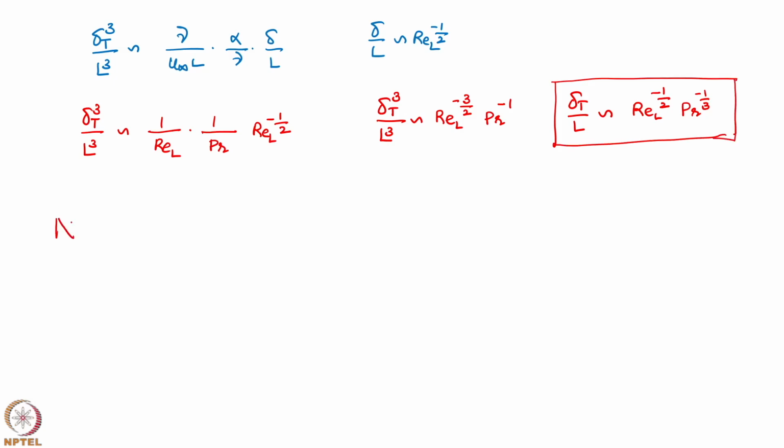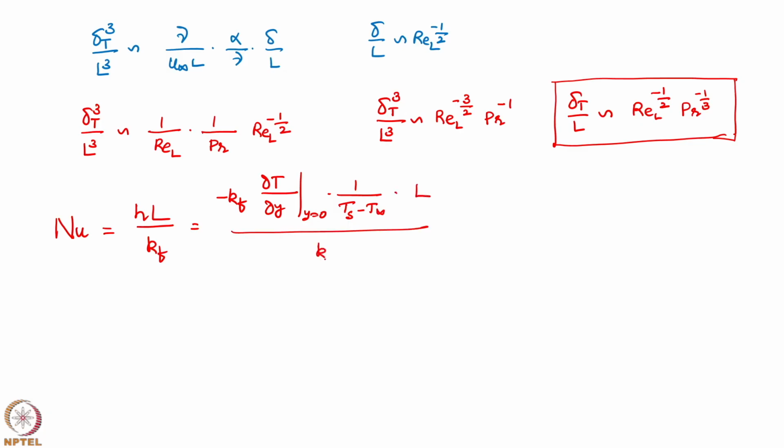Now, again Nu is equal to hL by k_f. This is equal to minus k_f del T by del y at y equal to 0 into 1 by Ts minus T infinity, into L. This is the definition of h divided by k_f.